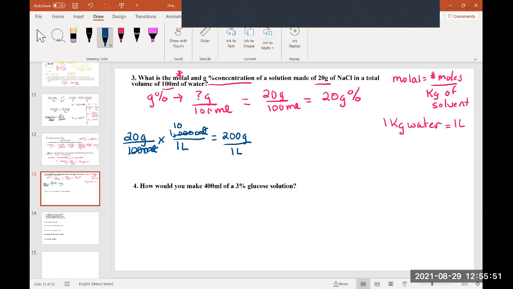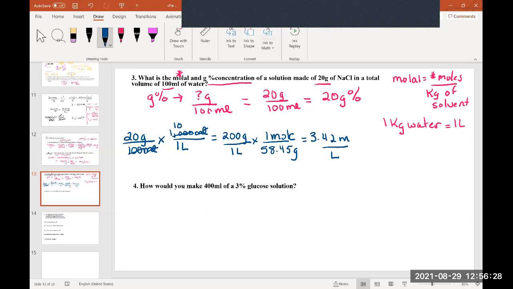Now let's convert our grams to moles, I should say, using molecular weight. For every 58.45 grams of sodium chloride, that is 1 mole. And if I divide our 200 grams by 58.45, I now have 3.42 moles per liter.